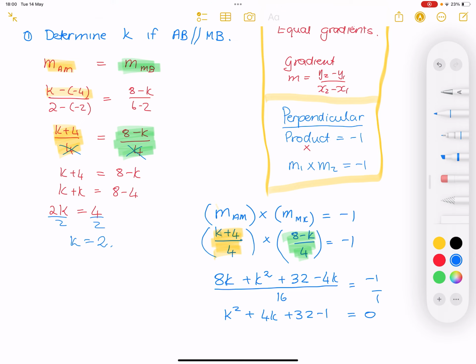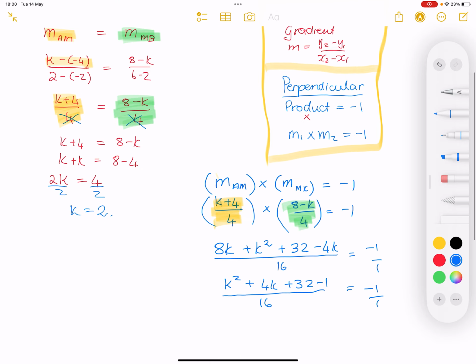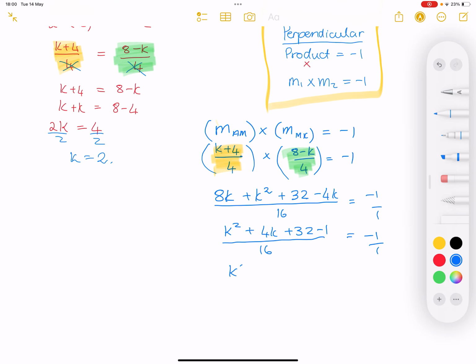No, over 16, sorry. I first have to simplify all that. So I put it over 16 is equal to negative 1 over 1.